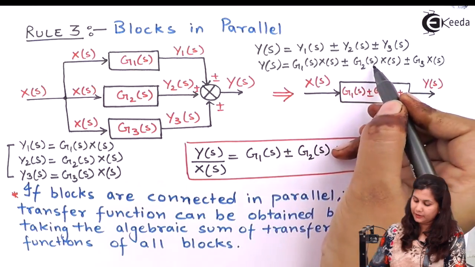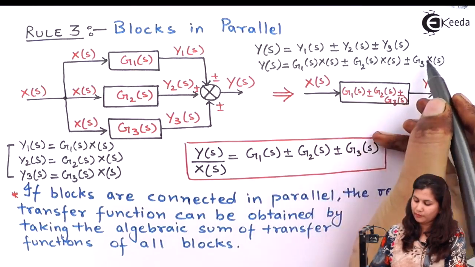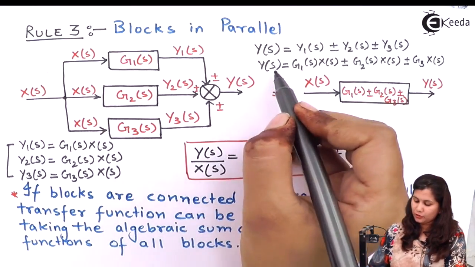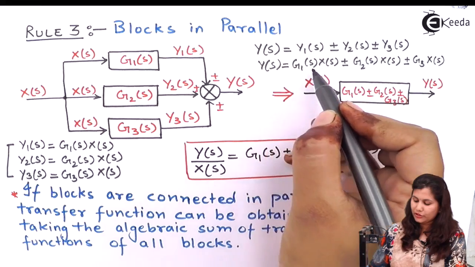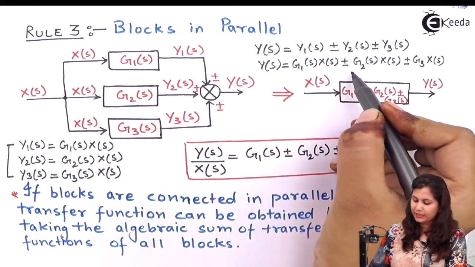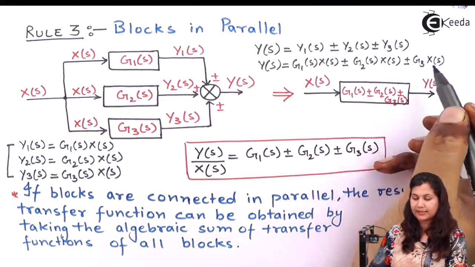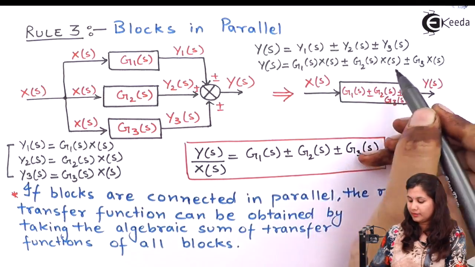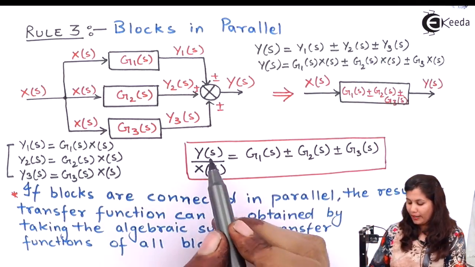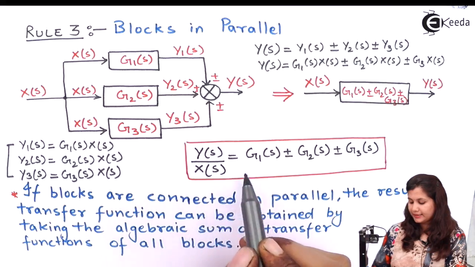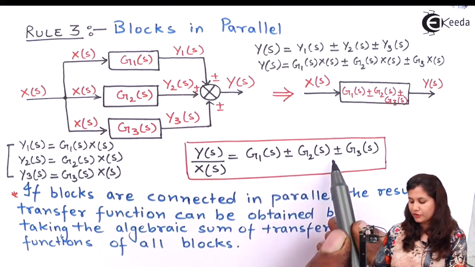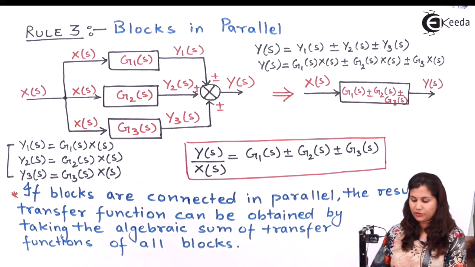In these three terms we have X(s) as common, so it can be taken out. So Y(s) will be equal to G1(s) plus or minus G2(s) plus or minus G3(s), and we have X(s) outside the summation. So Y(s) by X(s) is given by G1(s) plus or minus G2(s) plus or minus G3(s).